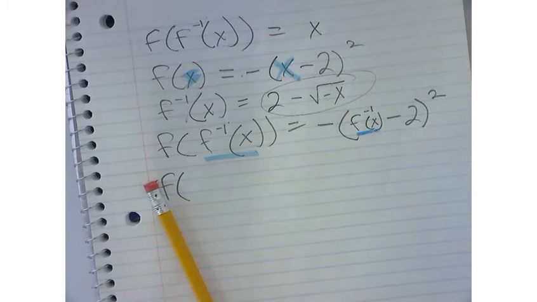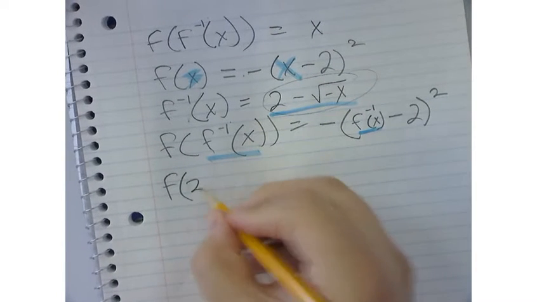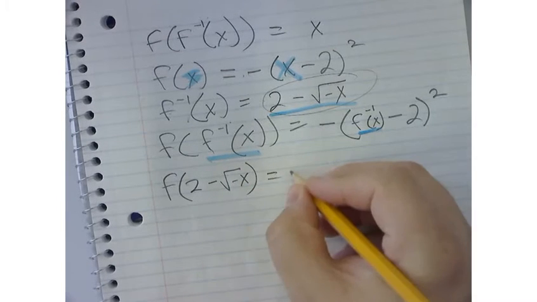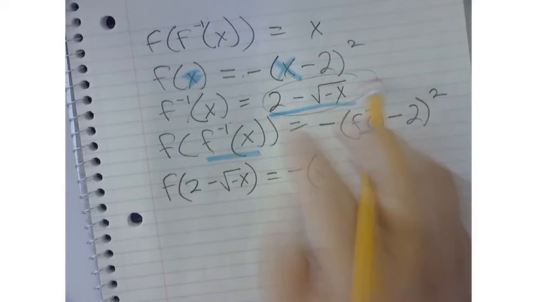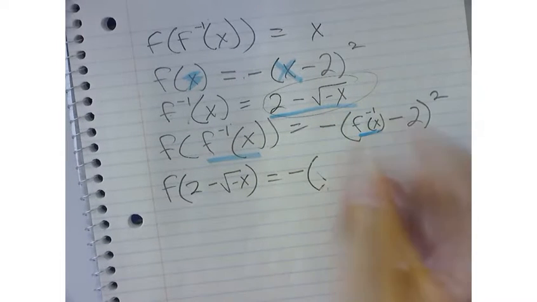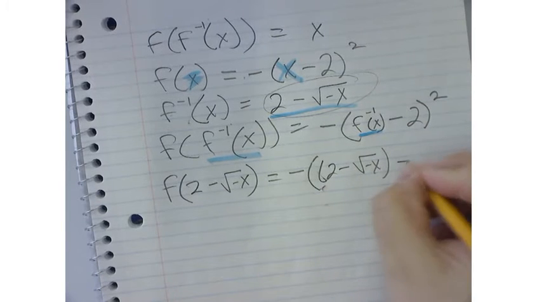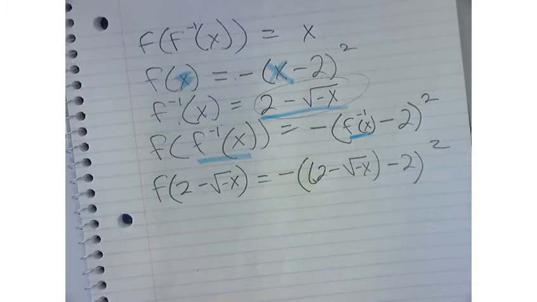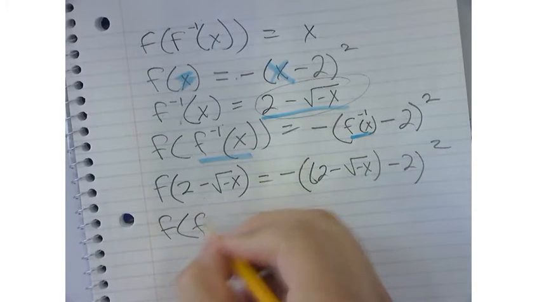Does that make sense? So I'm going to say f of 2 minus the square root of negative x, which is equal to negative, the 2 minus the square root of negative x, minus 2, all that squared. All right, here we go. Let's finalize that. So this is really f of f inverse.